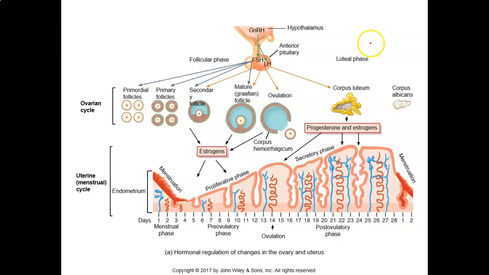Now, talking about successful fertilization, this is where we look at all of the different hormones in conjunction with the maturity of the follicle, in conjunction with the thickness of the uterine wall. Think of it for a minute. Within the ovary, that process of maturing the egg is going to occur.